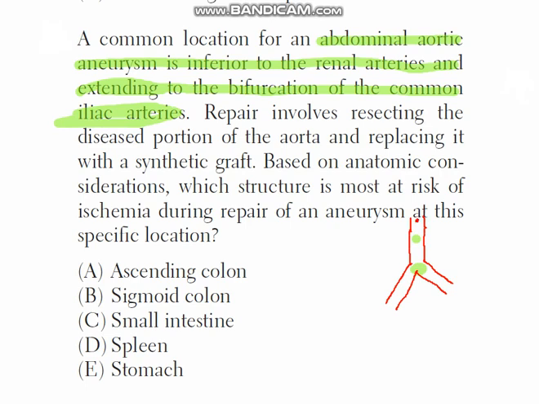present is the celiac trunk at the level of L1, and just below that, at the level of the renal artery, which originates from the side of the abdominal aorta, here is the superior mesenteric artery, and below it is the renal artery.